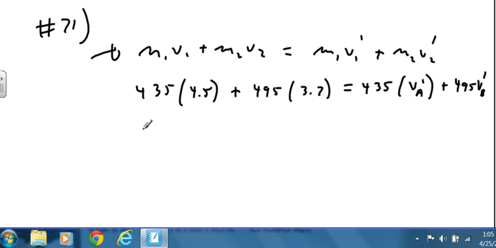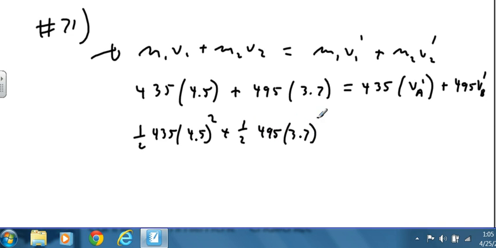And then my kinetic energy, 1/2 mass velocity squared plus 1/2 mass velocity squared has to equal 1/2 mass velocity squared plus 1/2 mass velocity squared.